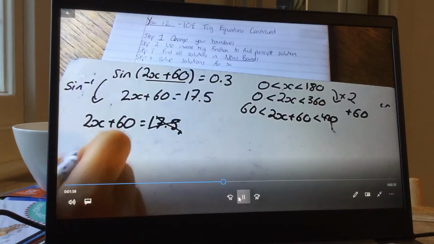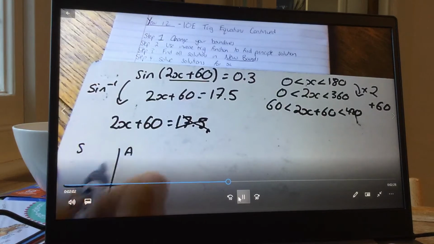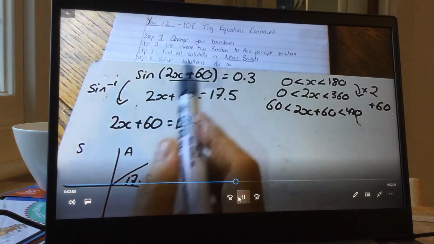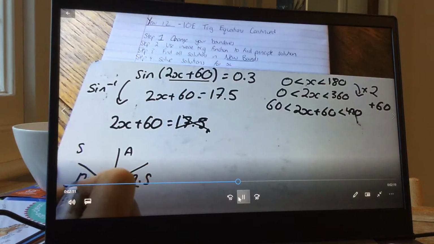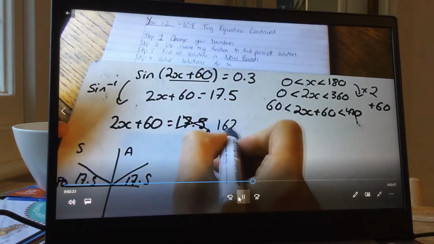Now if I'm doing this using my cast diagram, there is my 17.5. My other solution, I've got a sign being positive, so that's here at 17.5. This is 180. So my next answer is 180 minus 17.5, which gives me 162.5.